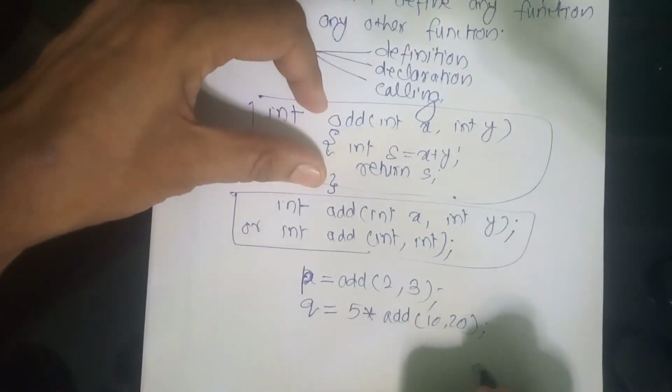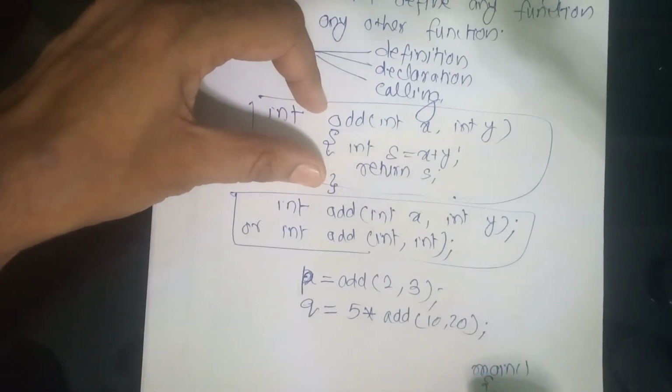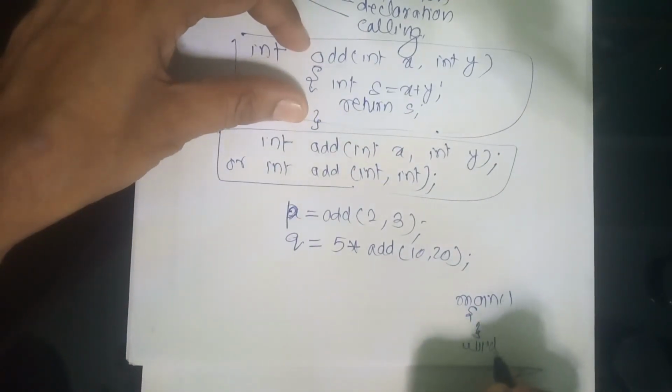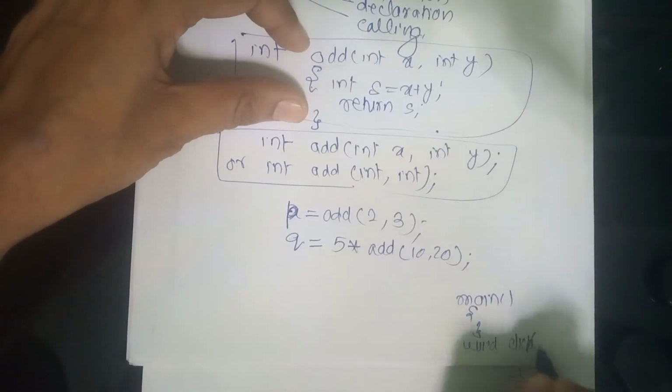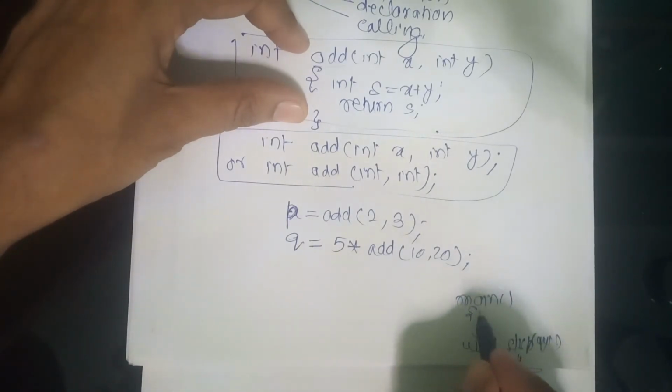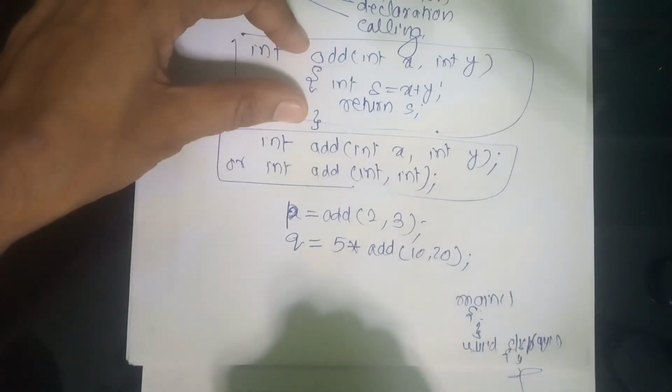For example, suppose there is the main function, and we are defining a function below it, like void display. If we are defining the function below it, then before its calling there must be a declaration of this function. So we must understand that before calling, the function must be declared.